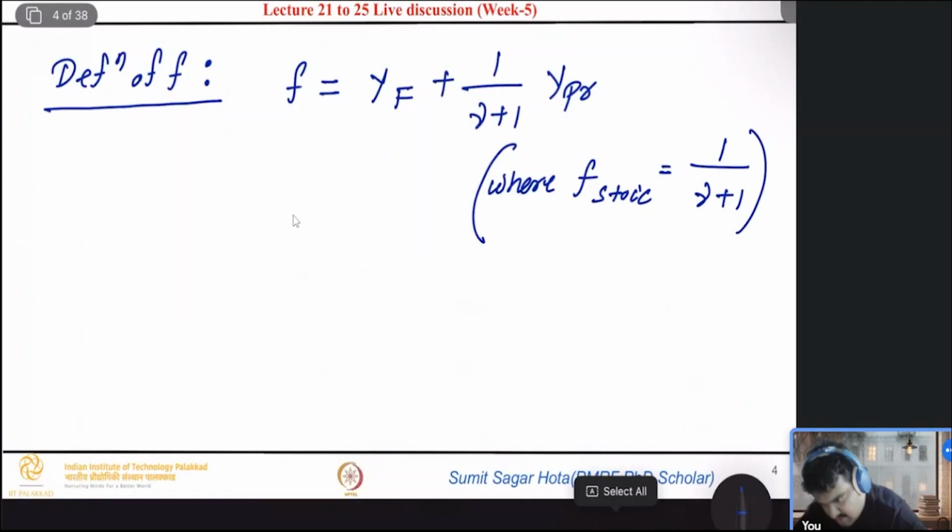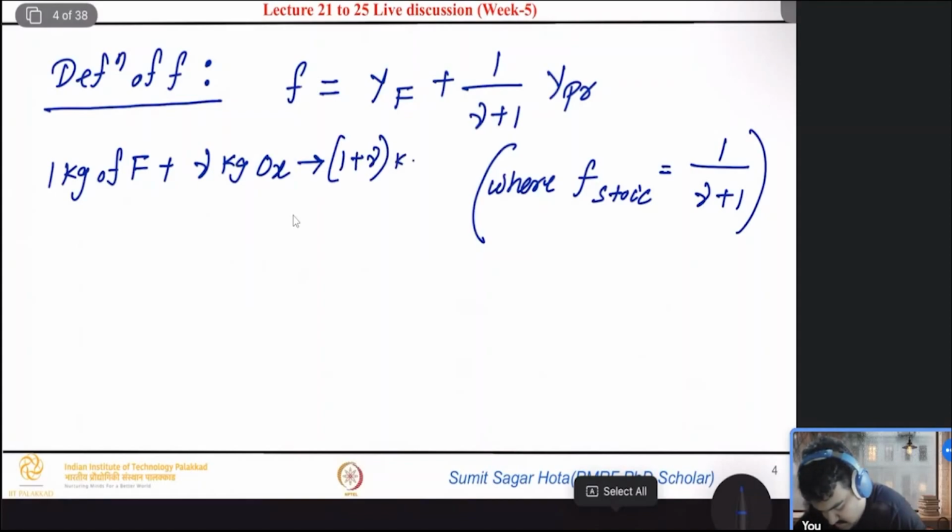Where this nu came into existence, I just write down: let 1 kg of fuel plus nu kg of oxidizer give rise to 1 plus nu kg of product.